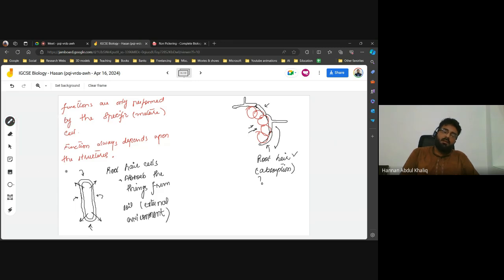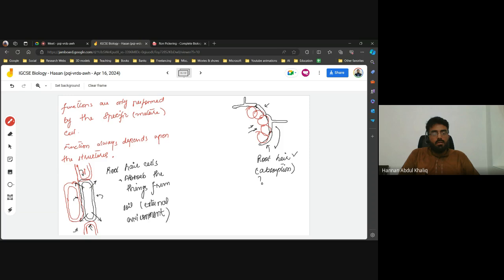Suppose this particular cell that I made is surrounded by other cells, the adjacent cells, like this. It means that the way to absorb many particles or elements or chemicals is blocked. How?